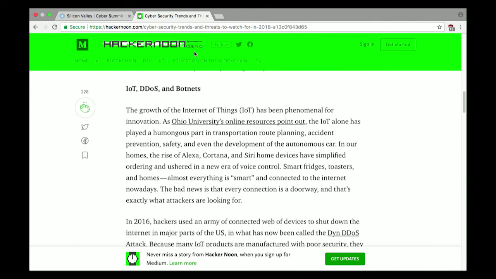There are lots of problems now because we have lots of devices connected to the internet, not just phones or laptops. You can have your whole house connected to the internet and control it from everywhere. So we need to be aware of how to keep this secure, because lots of crazy things can happen.